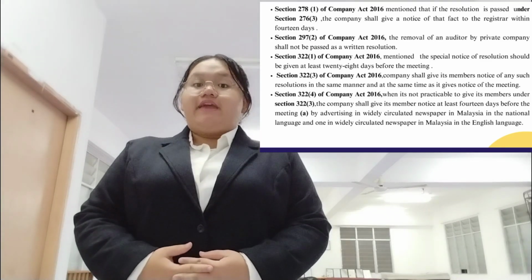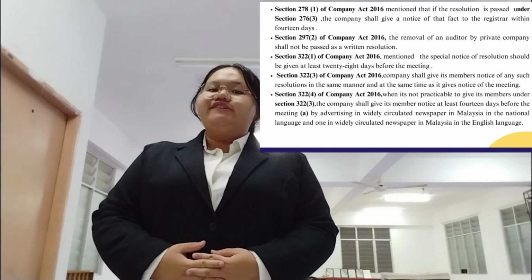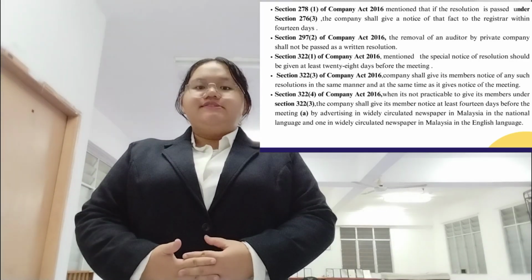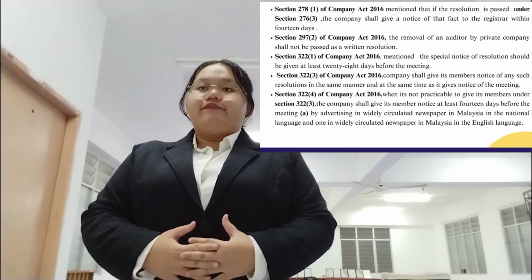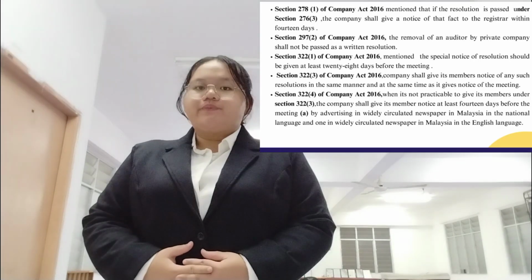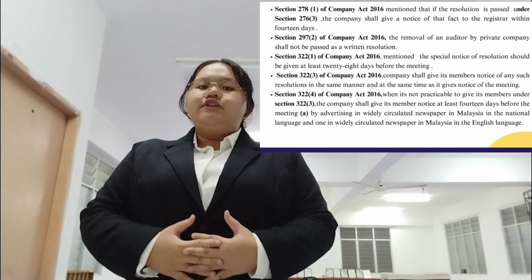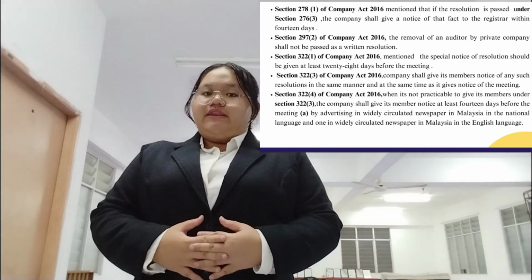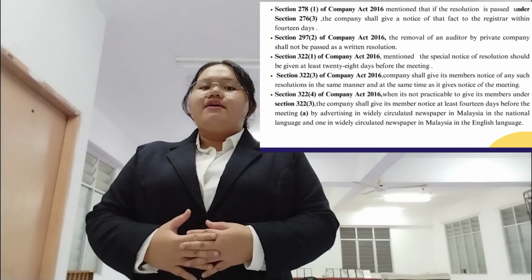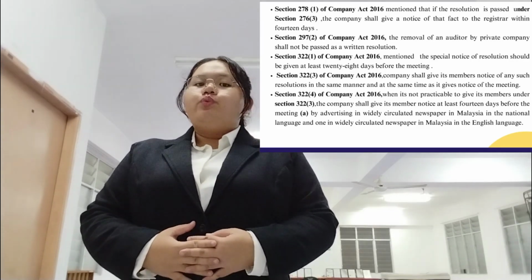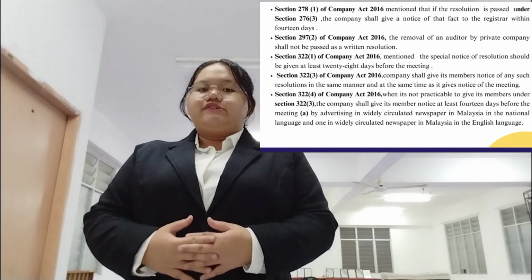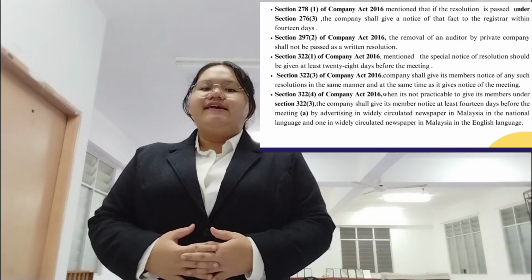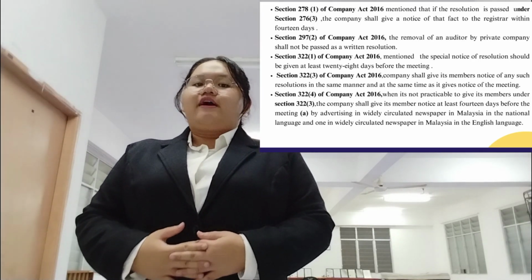Section 278, Subsection 1 of the Companies Act 2016 mentions that if the resolution is passed under Section 276, Subsection 3, the company shall give notice of that fact to the registrar within 14 days and pass by a majority of votes, which is more than 50% of members, and people can be appointed as an auditor at any time.